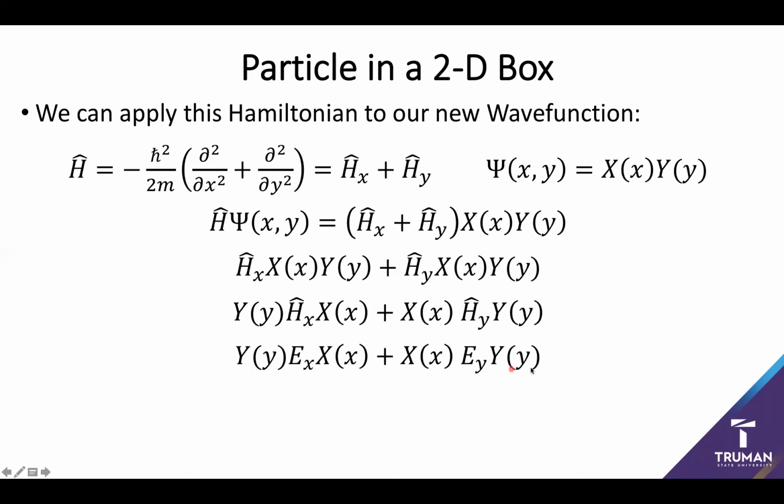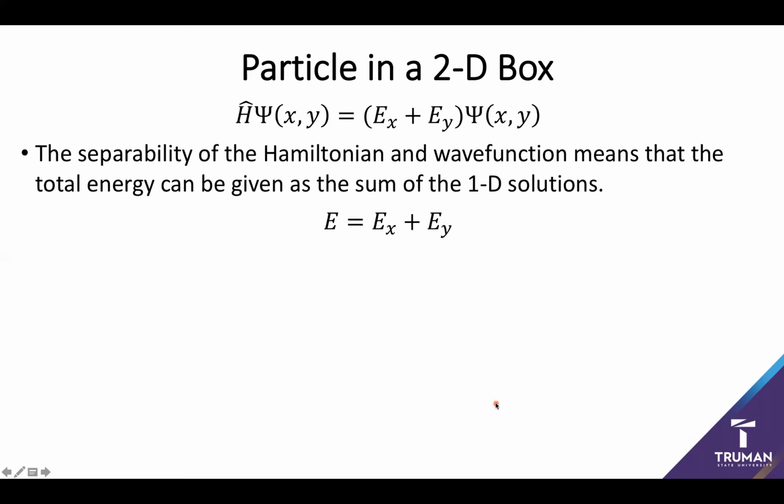Well, that's in both the first and the second term, so I can pull them out on their own. And as a reminder, this is just my general wave function times now the sum of my x and y energies. Well, hopefully this looks a little familiar because I've got an operator times psi produces a numerical value times psi. Well, that's a Hamiltonian solution.